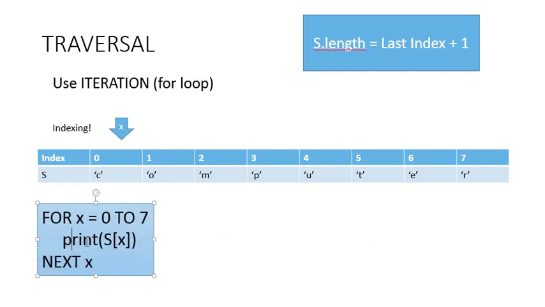In all my examples, I'm simply going to print out the value of the character at position x, and that's what my loop is going to do. However, I can replace this print statement with many other instructions, whatever it is I needed to be doing to the string. But for our example in this video, we are simply going to be using print x as the body of my loops.